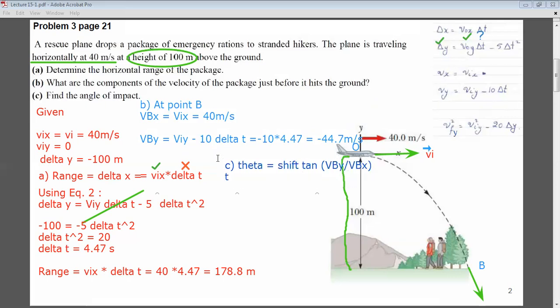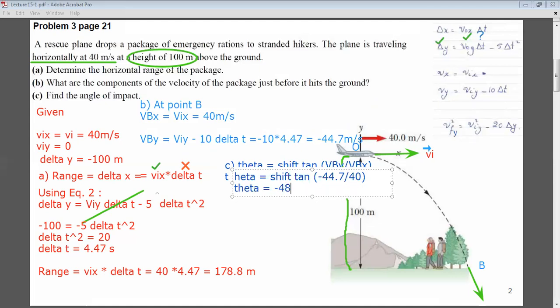So theta is equal to shift tangent of VBY, which is minus 44.7, divided by 40.